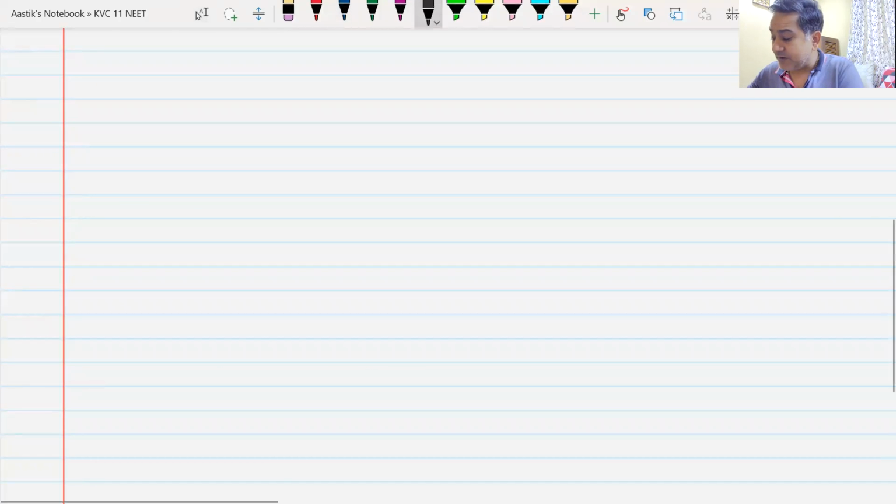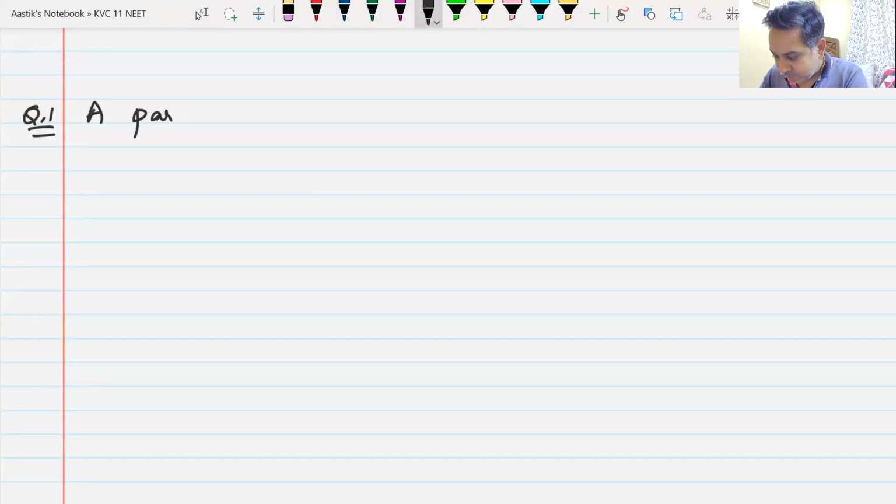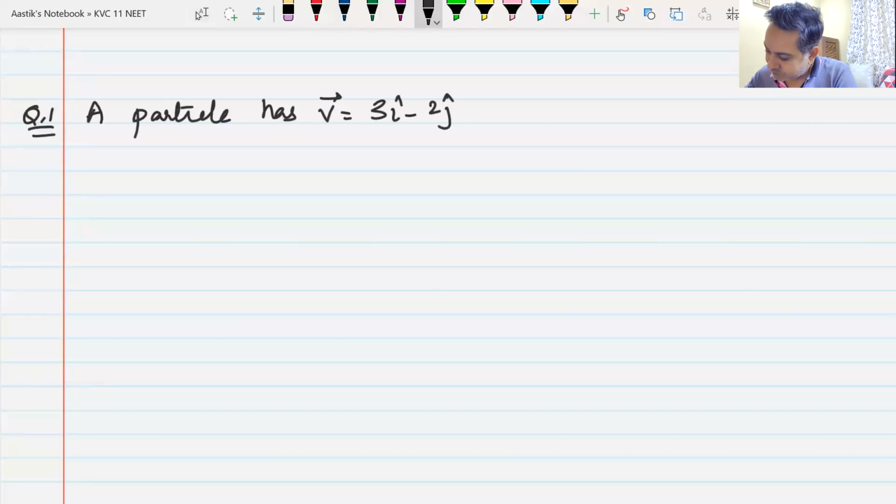So the first problem is question number 1. A particle has velocity v equal to 3i minus 2j and acceleration equal to 2i plus 4j.